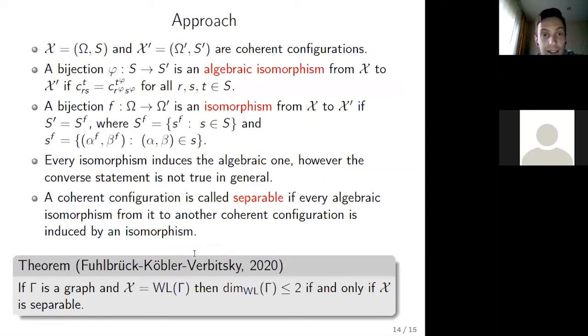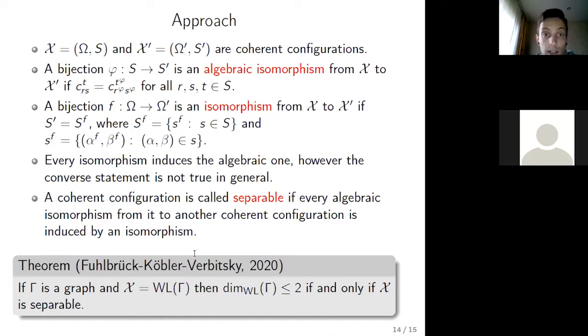Let X and X prime be coherent configurations on the sets Omega and Omega prime, respectively. A bijection from the set of basis relations of X to the set of basis relations of X prime is an algebraic isomorphism from X to X prime if this bijection preserves intersection numbers.